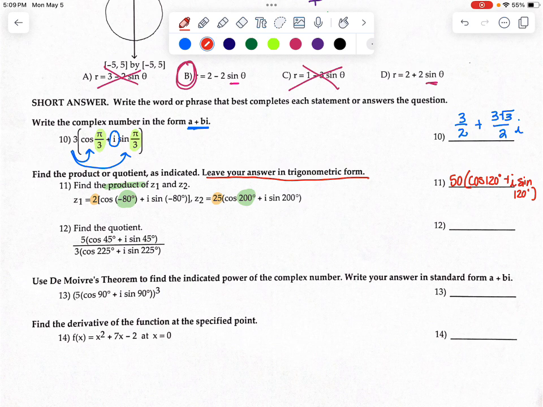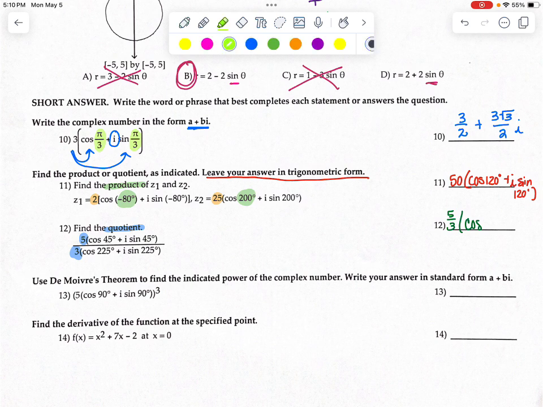Of course, since we're doing the quotient on number 12, that's going to be exactly opposite. I need to divide 5 over 3. So I'm going to leave it as 5 over 3 because I do not like repeating decimals. This time I will be subtracting 45 minus 225, which gives me negative 180.